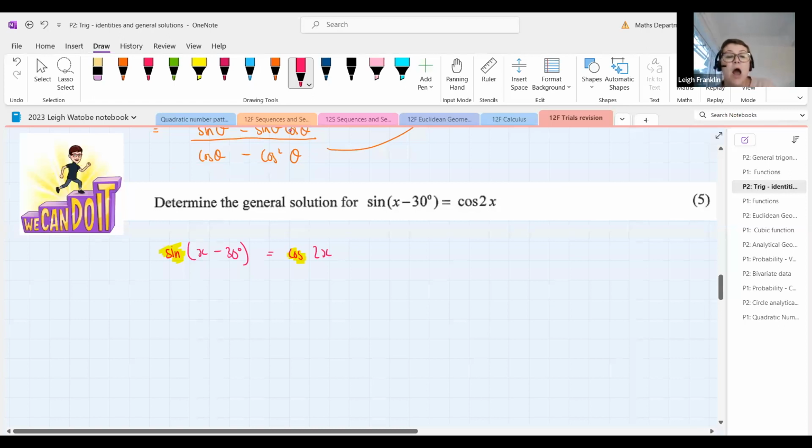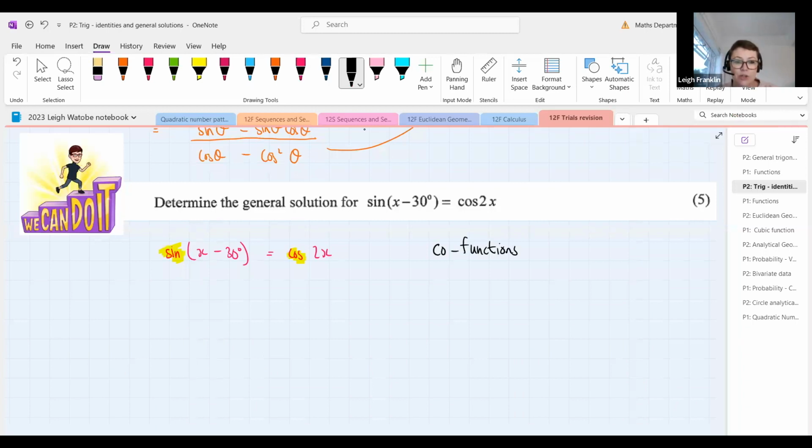If they give you a general solution and it's sine x on the one side and the cos of a different angle on the other side, use co-functions. So in other words, remember sine x is equal to cos 90 minus x. Do you remember that?